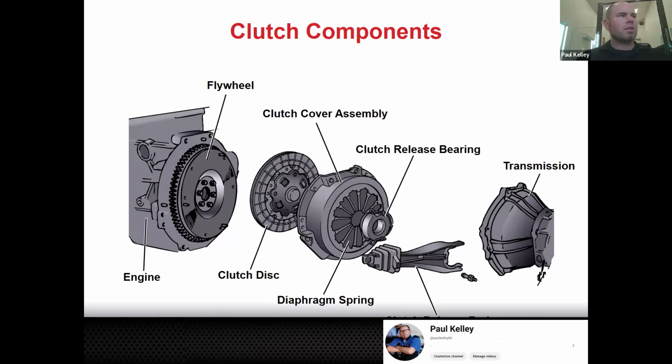Right. But if you look, the disc is the main wear item because it has the friction material on it. So if a clutch is worn, a lot of times by default, we're talking about the lining friction material on the disc being worn. But it's kind of like brake pads and rotors.